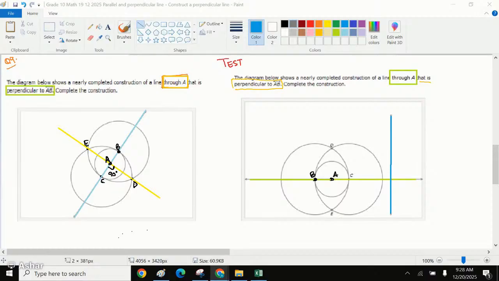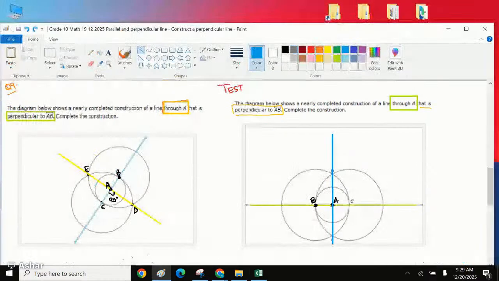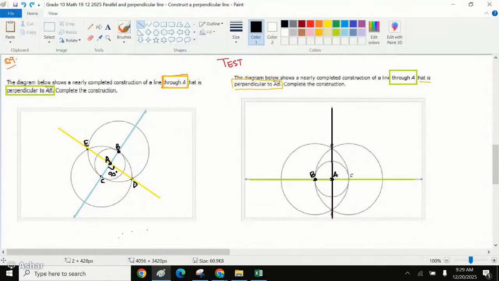Our requirement is it has to pass through the point A. So let's see if it's passing through the point A. Okay, let's redraw. Can we say that this line is passing through point A? No, this is not yet. This is passing through B. But if we draw a line over here, is it passing through point A? Right? It is passing through point A.